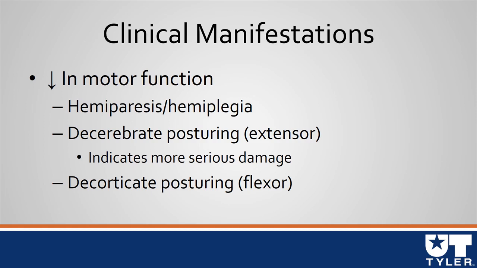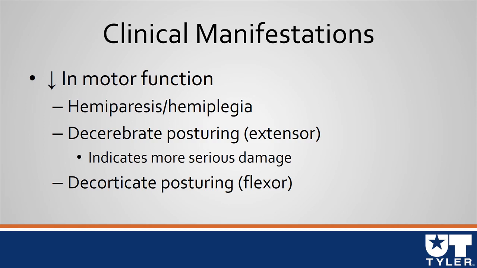If painful stimuli is used to elicit a motor response, the patient may localize to the stimuli or withdraw from it. Noxious stimuli may also elicit a decorticate or flexor, or decerebrate extensor posturing.